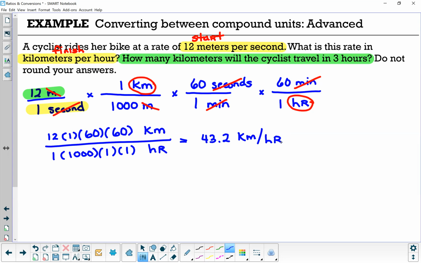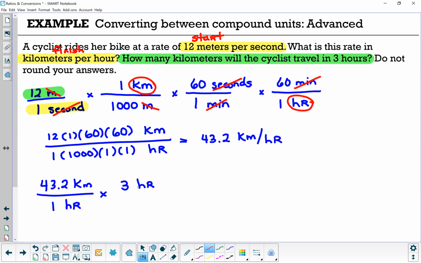Okay, last part to this. How many kilometers will the cyclist travel in 3 hours? So let's take our answer. We have 43.2 kilometers over 1 hour. Okay, and if we multiply that by 3 hours, again, analyze your units. Okay, don't take shortcuts here.